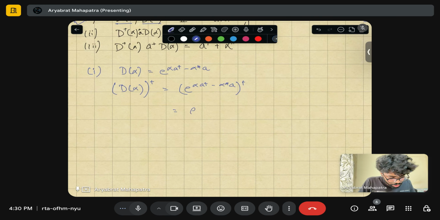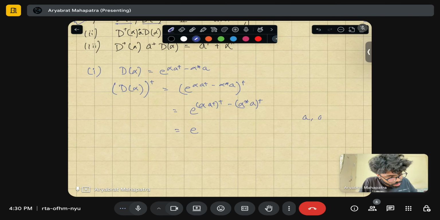Then here you can write alpha a dagger minus alpha star a dagger, taken as a whole. Here you see this a and a dagger are the lowering and raising operators of the harmonic oscillator.